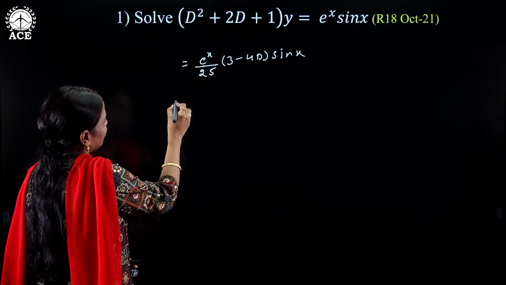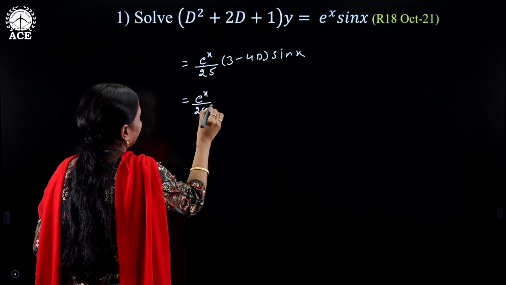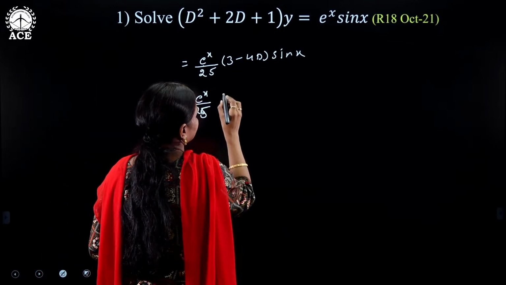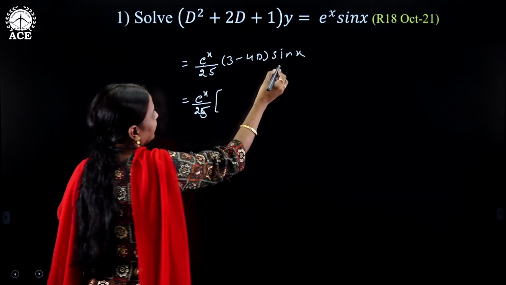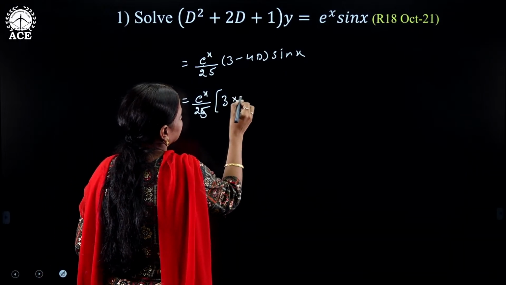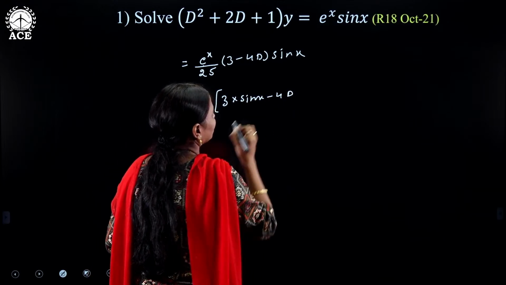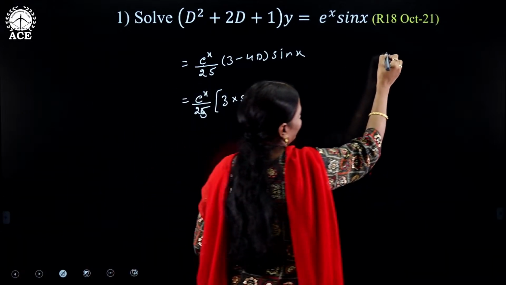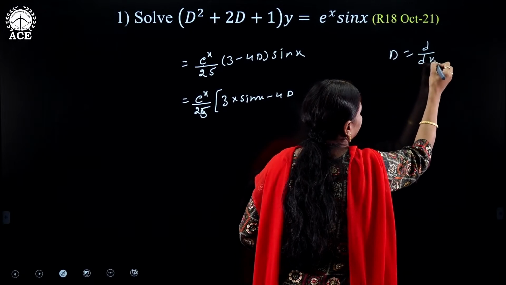Next, which is equal to e power x by 25. Next operate 3 minus 4D on sin x, that means multiply 3 minus 4D with sin x. 3 into sin x minus 4 into D sin x, where capital D is the differential operator, D is equal to d by dx.